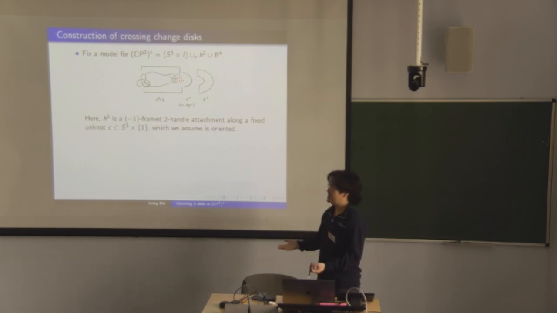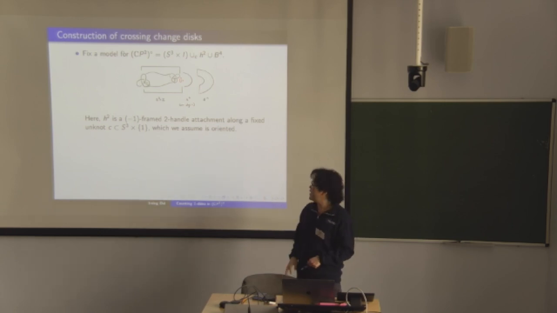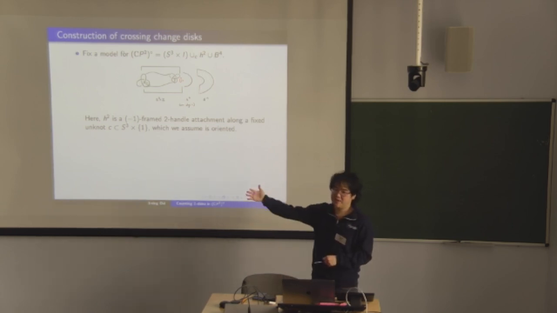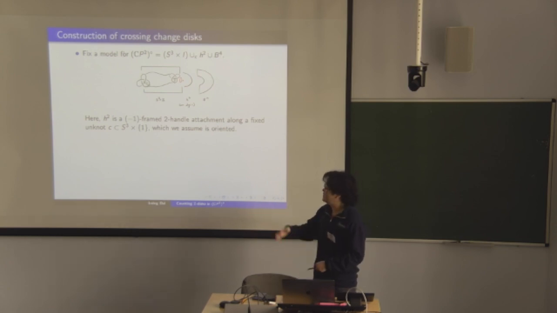The reason it's -1 is that I'm going to reverse orientation on the whole thing to make it CP2, but let's not worry about the orientation too much for now. So I have this fixed model, with this fixed curve in S3 cross I along which I do a -1 framed two-handle attachment. And of course, I cap the whole thing off with B4. And now I've made, with some orientation, CP2.